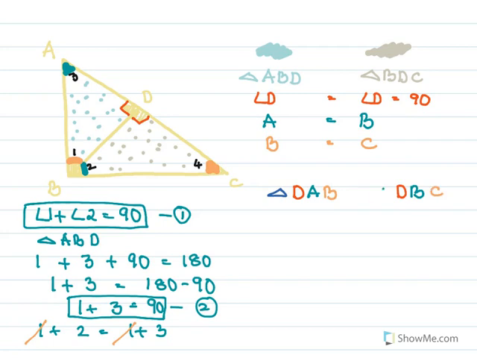So these triangles will be similar. So let me write that again. So I have triangle DAB similar to triangle DBC, or you could also write triangle ABD similar to BCD.